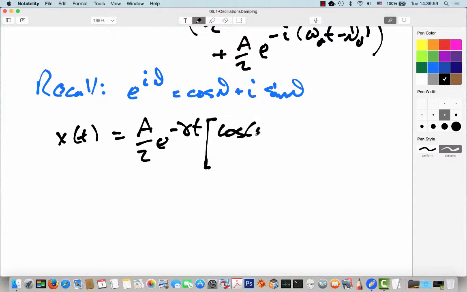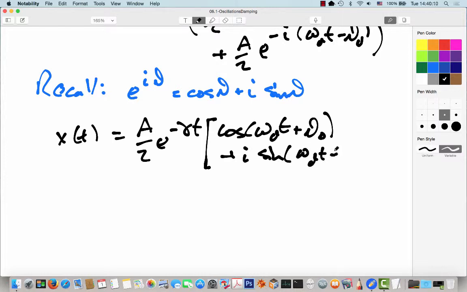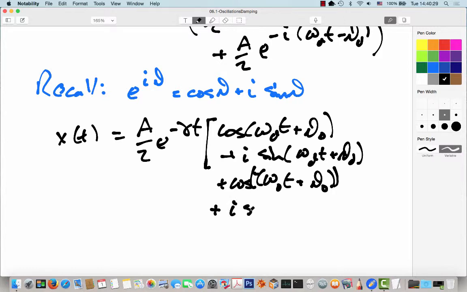All right, here we go. So we'll have cosine of omega d t plus theta naught, plus i sine of omega d t plus theta naught, plus cosine of minus omega d t plus theta naught. Oops, sorry, the cosine of the negative of that, but we'll see that doesn't matter in just a nanosecond, plus i times the sine of minus omega d t plus theta naught.